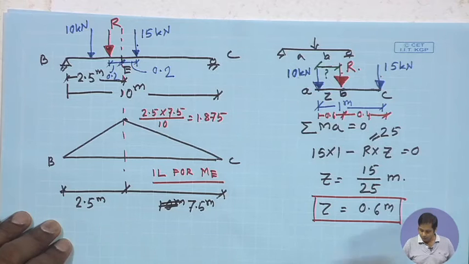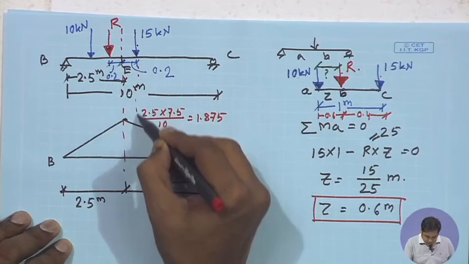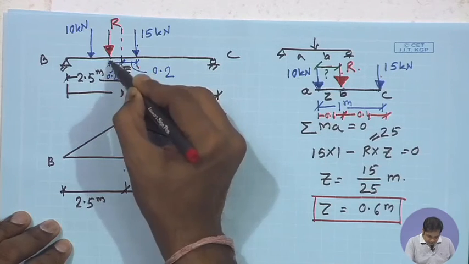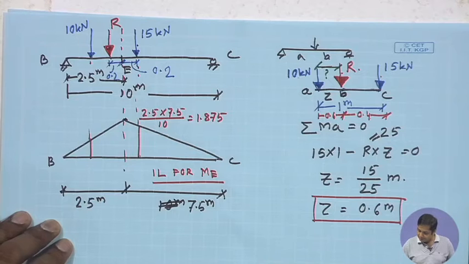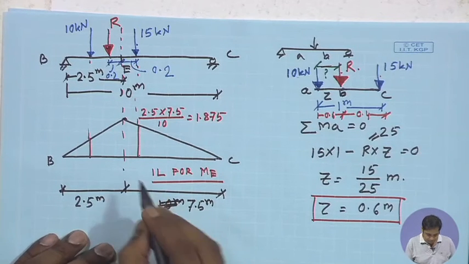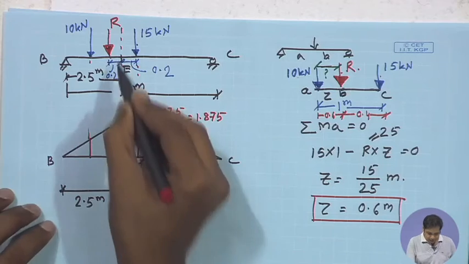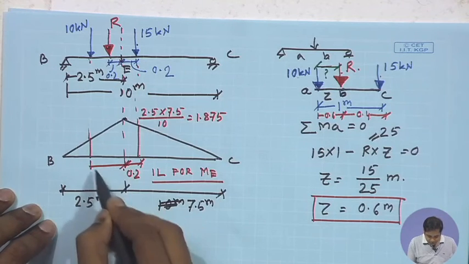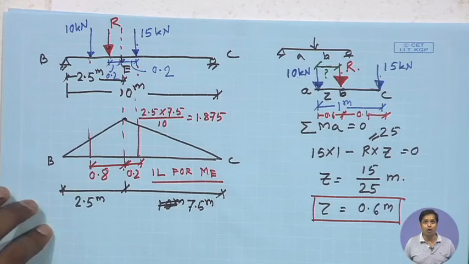Draw the corresponding line here and again here, and this distance is 0.2 and then this distance will be 0.8. Total distance between two loads is 1 meter.